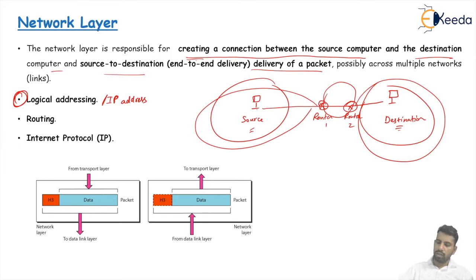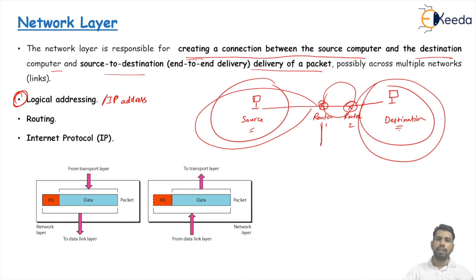And you see here, this router is handling data from so many machines or from different networks. On the basis of the header information in the packet, the router needs to take a decision in which direction the packet is forwarded.